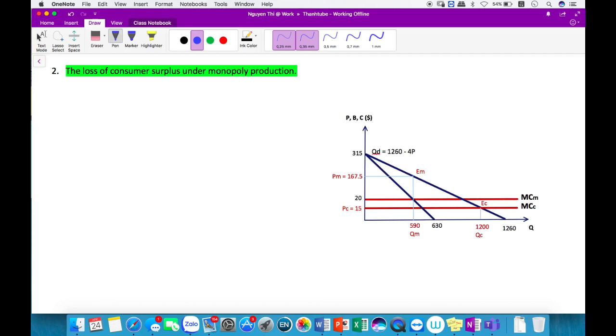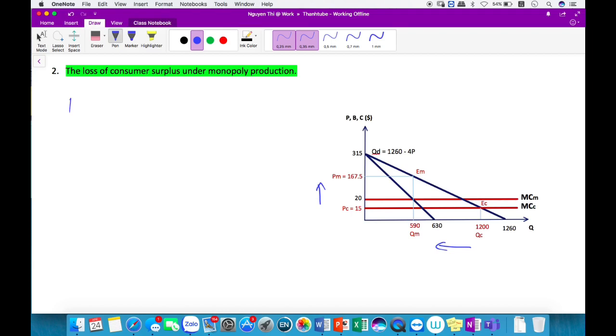Determine the loss of consumer surplus under monopoly production. You know that consumer surplus decreases because the monopoly increases the price and decreases the output in order to get the abnormal profit.